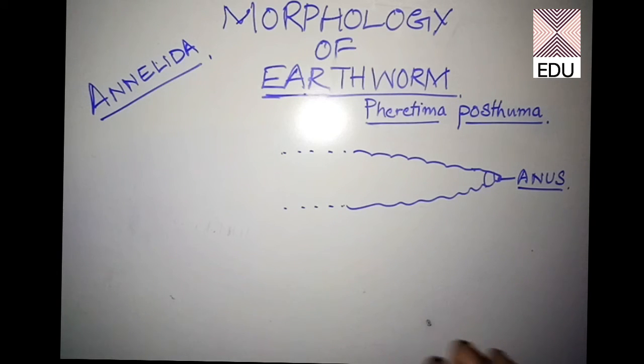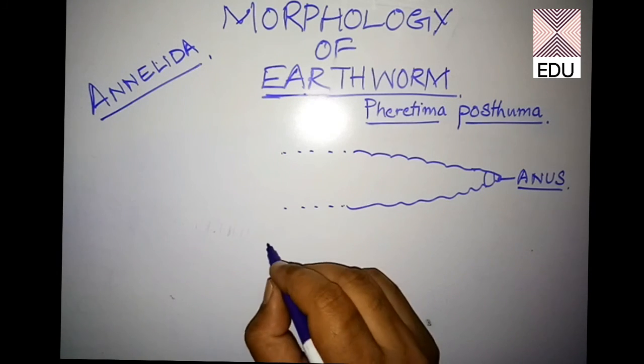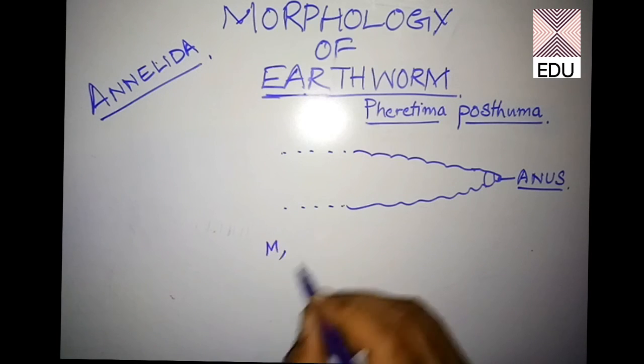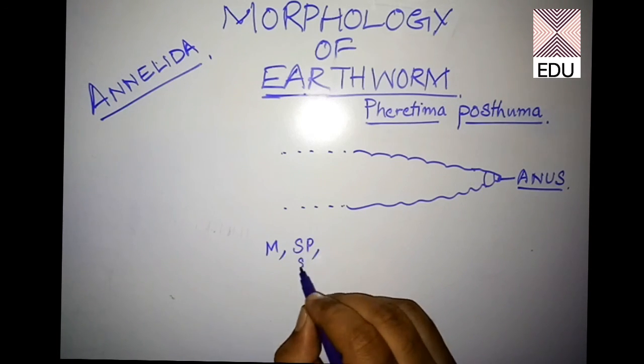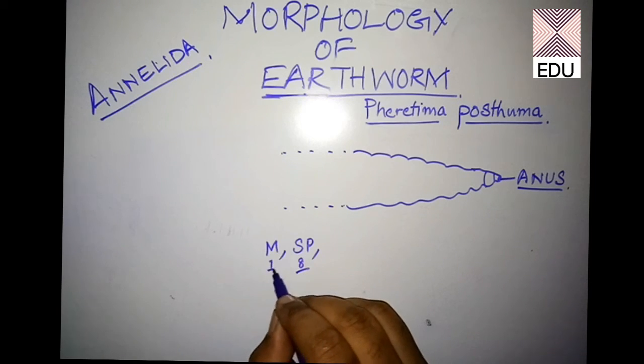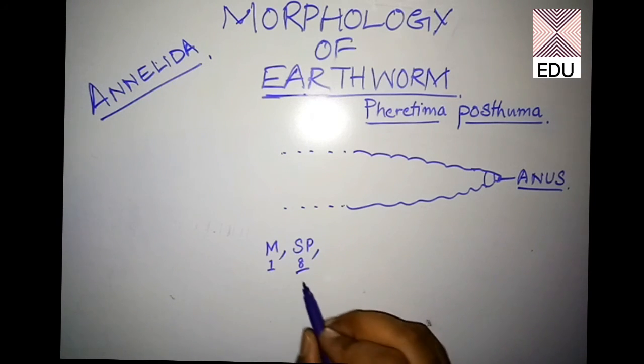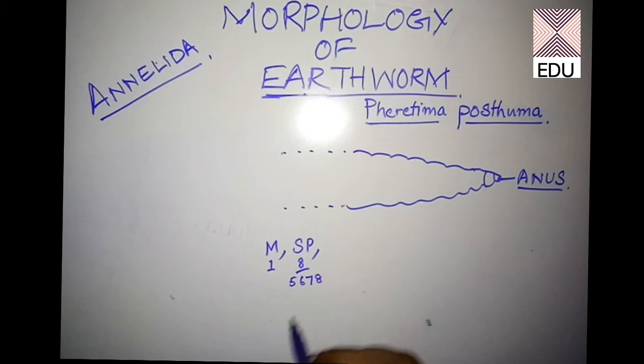So if we start from the mouth, a single mouth, then we have spermathecal pores, 8 in number, on segments 5, 6, 7 and 8 and so on.